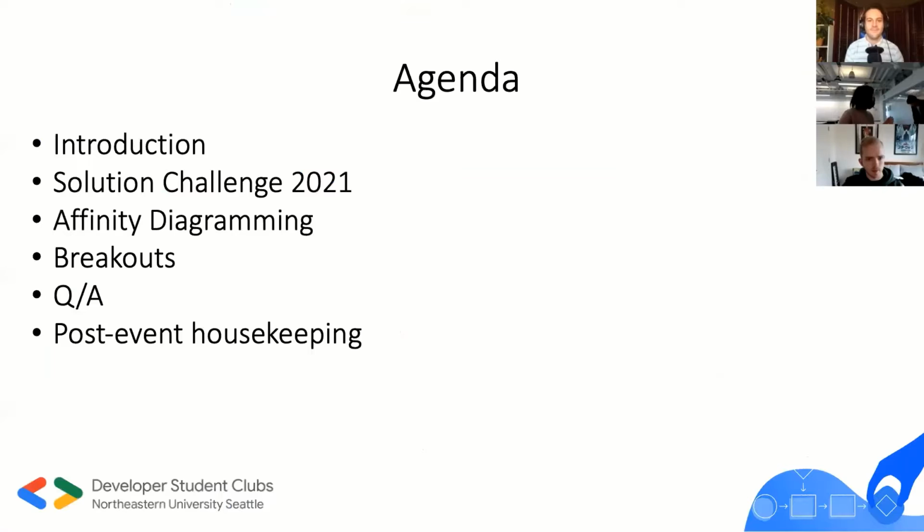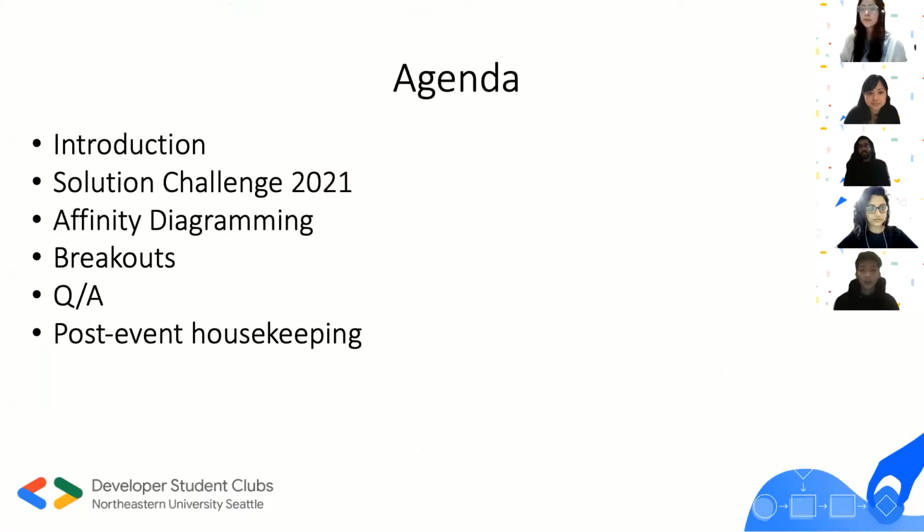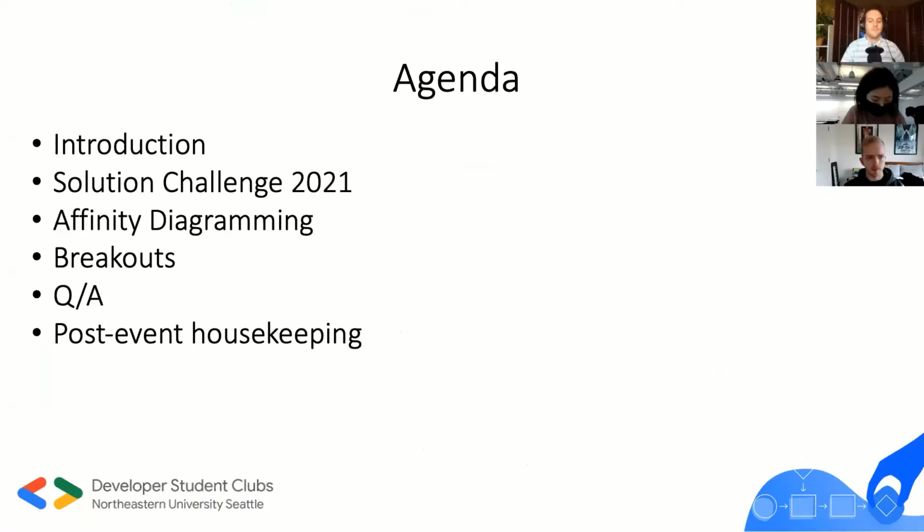Yeah. All right, so today's agenda, we're gonna do a little bit of an intro. You and I will be guiding you guys through the Solution Challenge 2021. There's gonna be 2 videos from the Google website as well that we're gonna watch together as a group. And then between that and our affinity diagramming session, we're gonna have a Q&A with Daniel, and moving forward after the affinity diagramming session, we'll move into breakout rooms based off of the dev goals that you guys come up with.